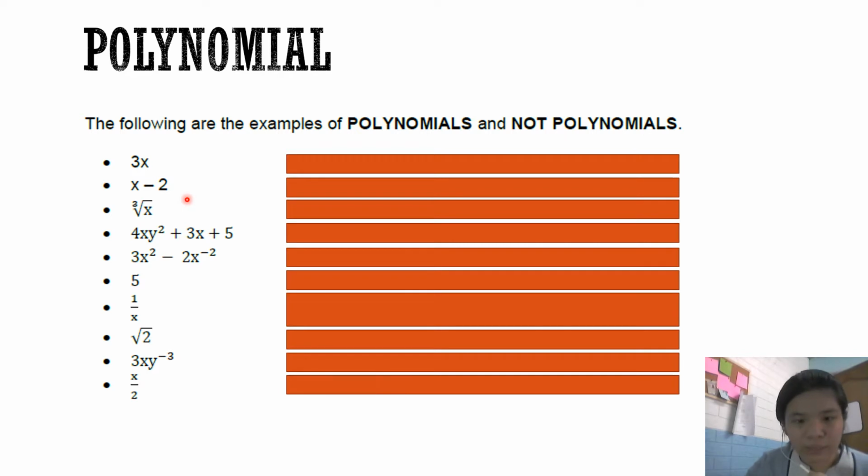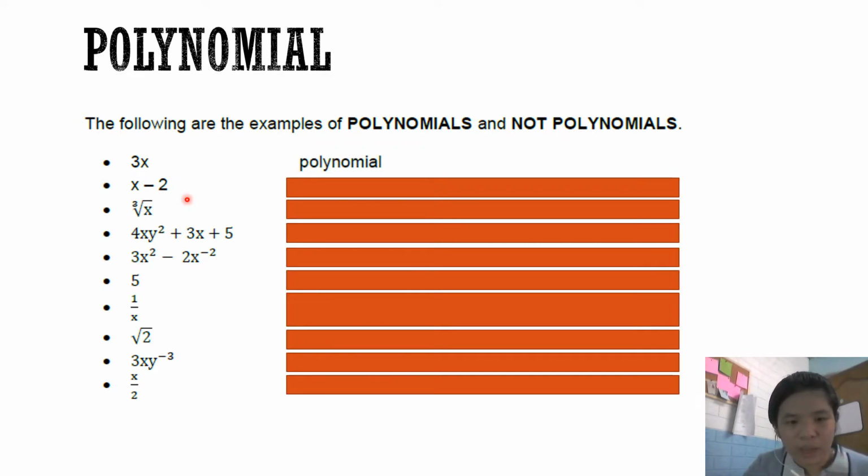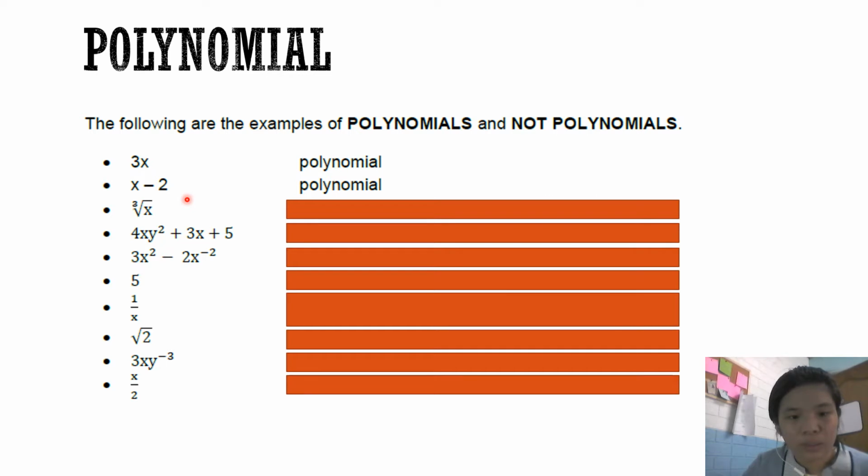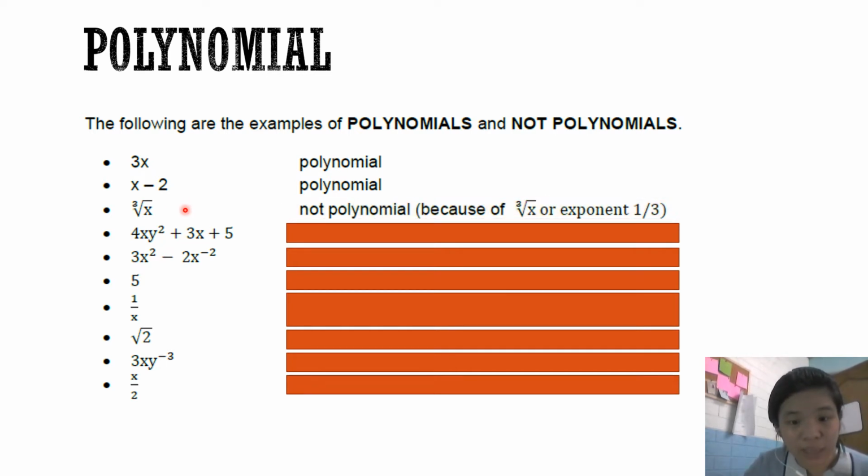3x, is it polynomial or not? So, it's a polynomial. How about x minus 2? Still polynomial. Cube root of x. That is not a polynomial because the exponent of this, kapag simplify natin, is 1/3.